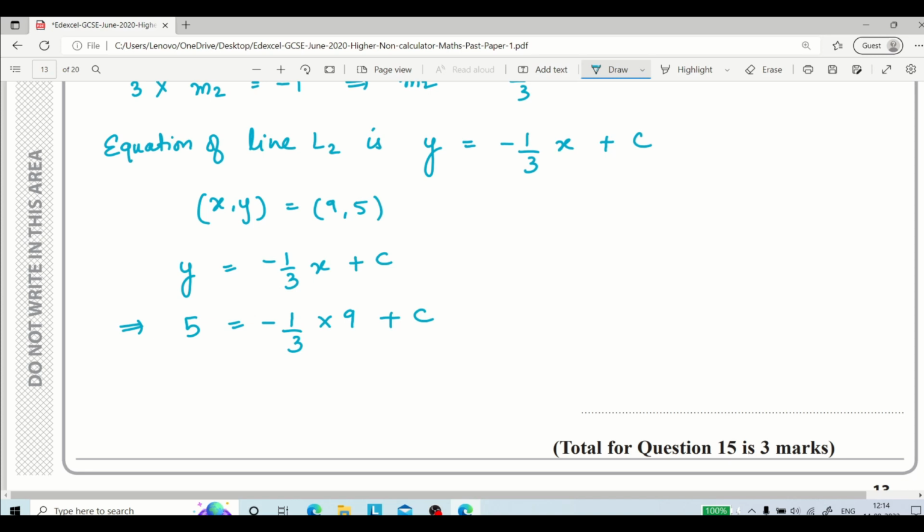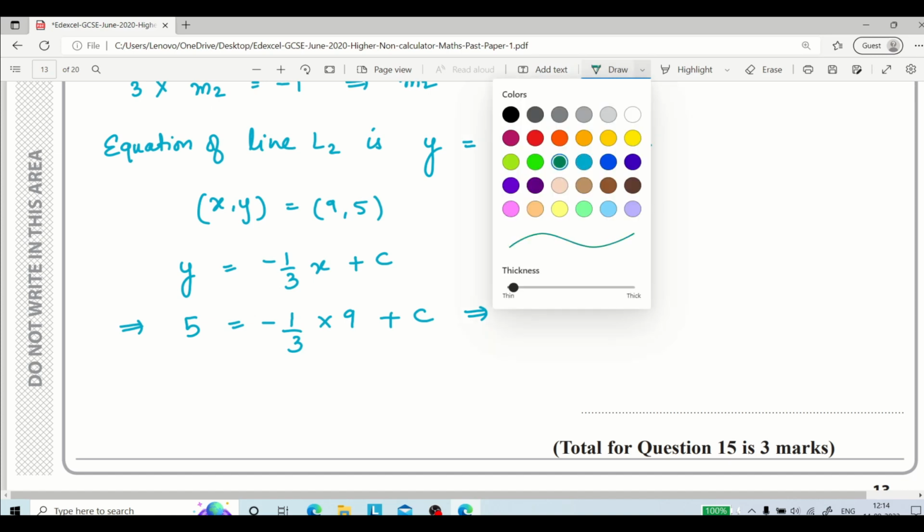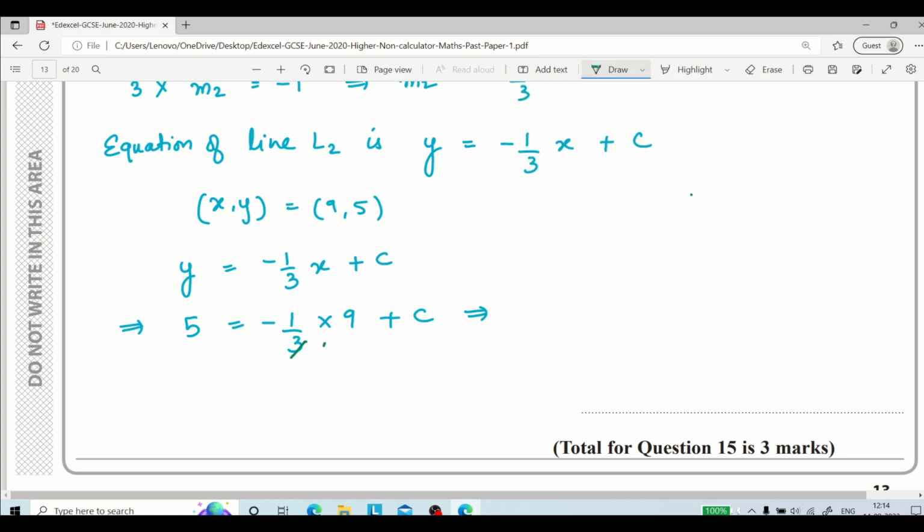So that will give you your value of c. Just calculate this. Let me just do it for you quickly. 3 ones are 3, 3 threes are 9. So that is 5 equals minus 3 plus c. That means c is equal to 8.